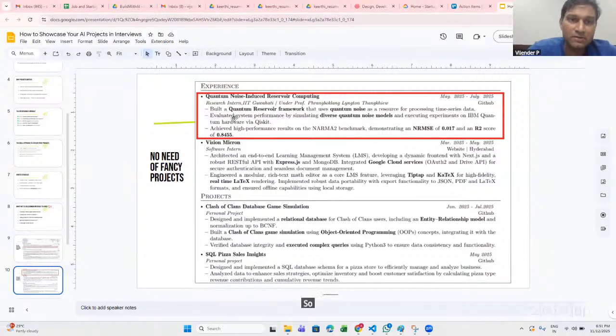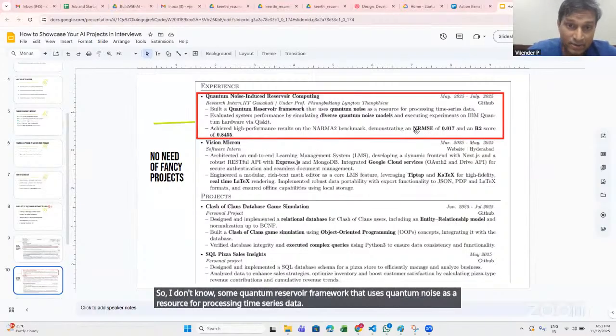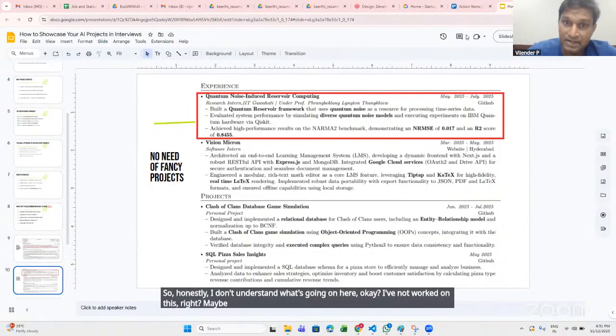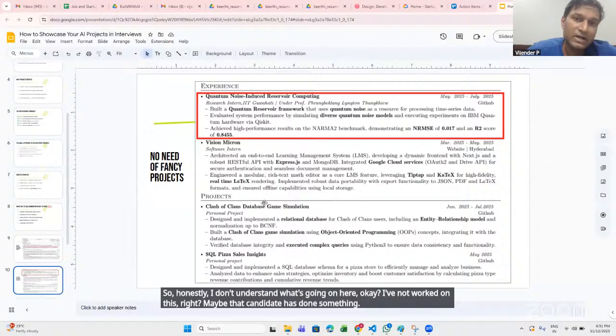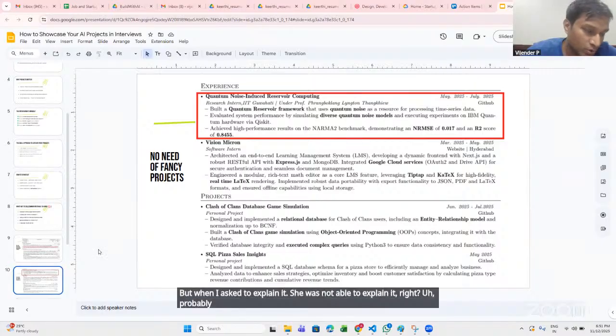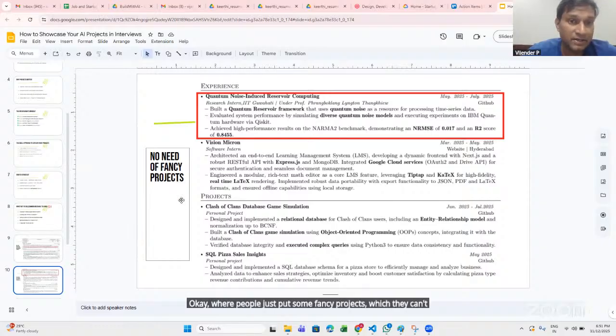Some quantum reservoir framework that uses quantum noise as a resource for processing time series data. Honestly, I don't understand what's going on here. Okay, I've not worked on this, right? Maybe that candidate has done something, but when I asked her to explain it, she was not able to explain it, right? Probably again, this is one of the don'ts, where people just put some fancy projects which they can't explain clearly, correct?